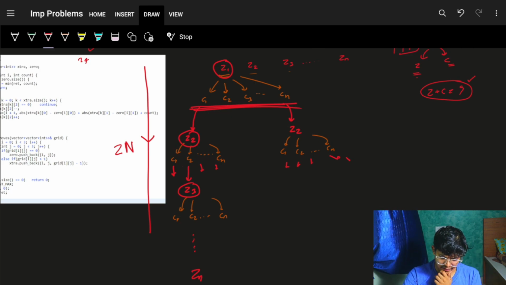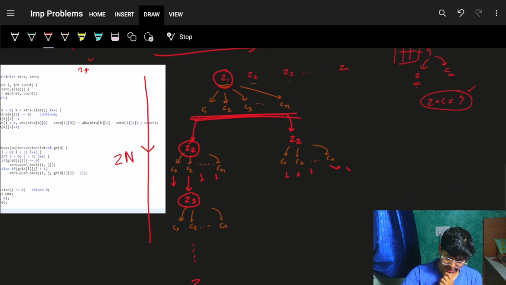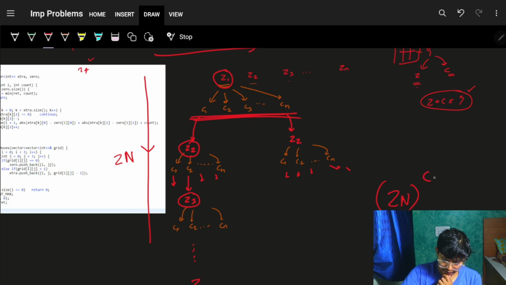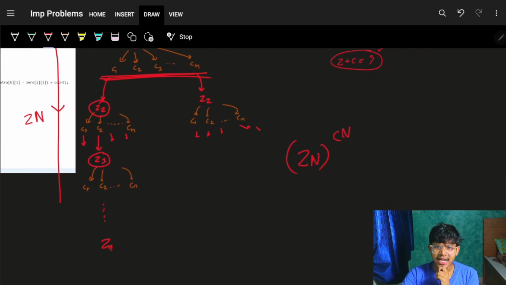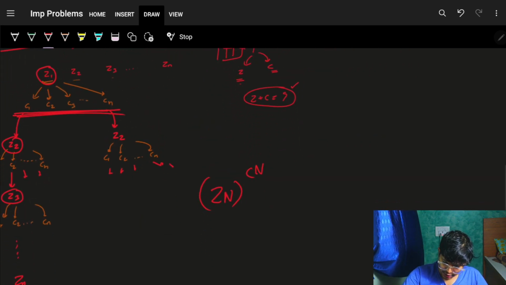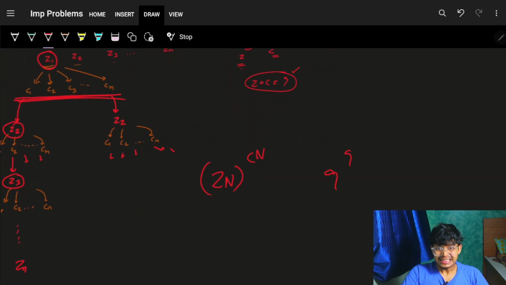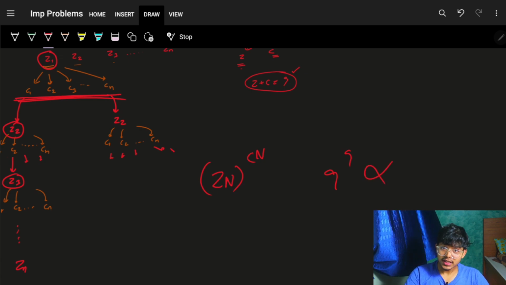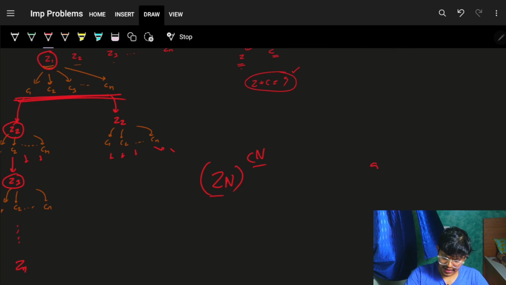Now you will say, Aryan, with this, the complexity seems to be Zn raised to the power Cn. Yeah, and that's evident. And you can say that, okay, you have 9 cells, so 9 raised to the power 9. It's pretty big, Aryan. That would not work. Yeah, true, that would not work. But who said that Zn raised to the power Cn is 9 raised to the power 9?